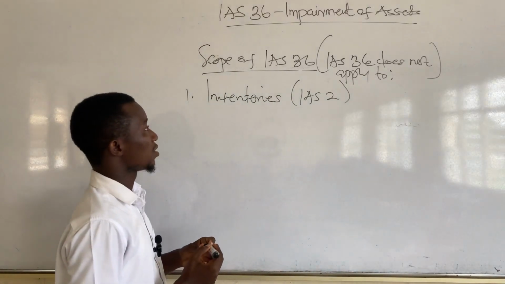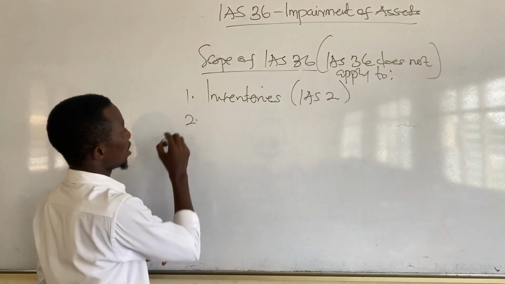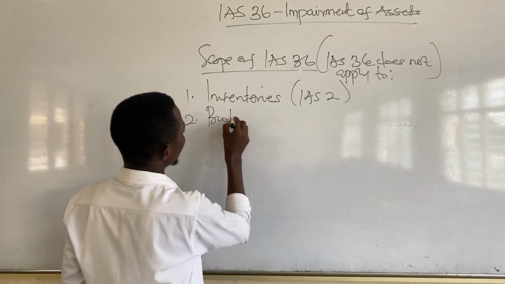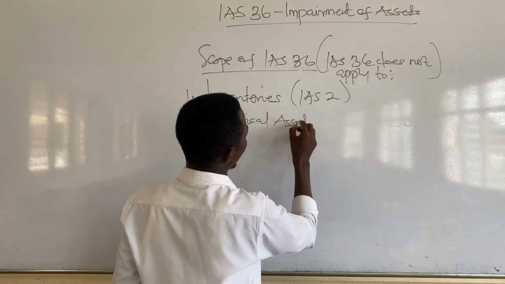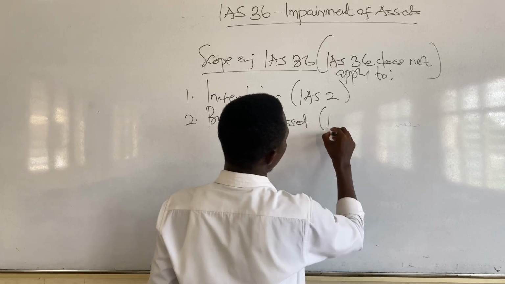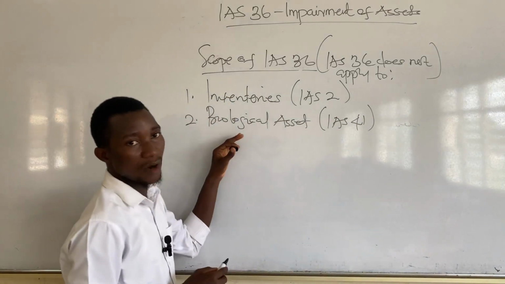So an asset of inventory, we can't test for impairment, okay? And we can talk about biological assets. Biological assets, and this is IAS 41 in relation to agriculture.